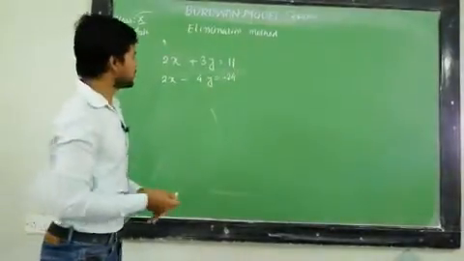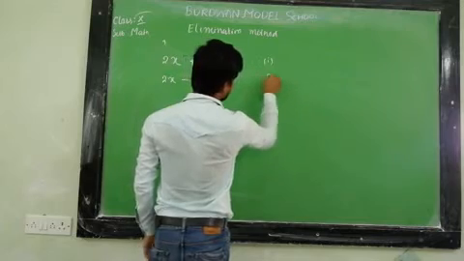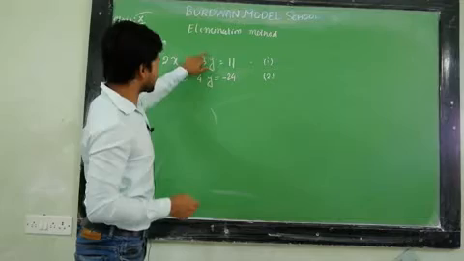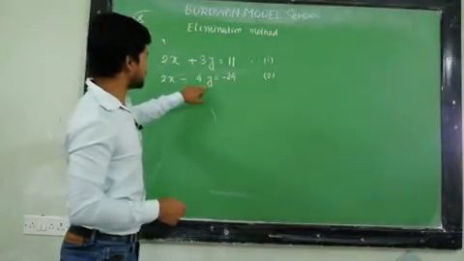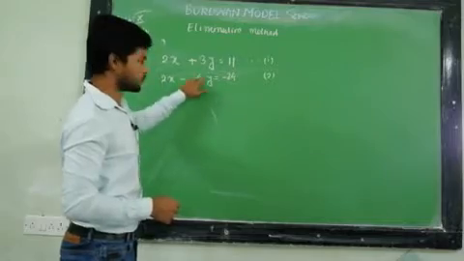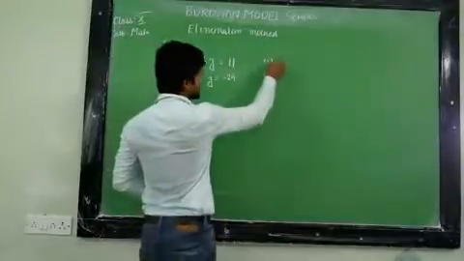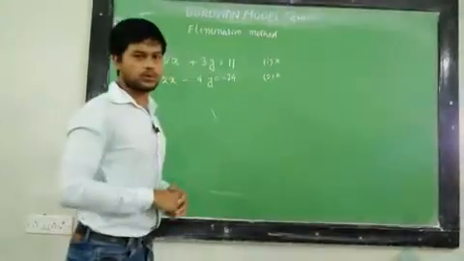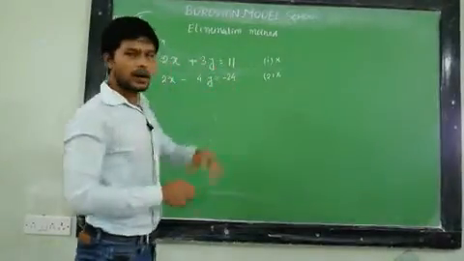This is our equation number 1 and this is our equation number 2. Look at the coefficient of y in the first equation, that is 3, and the coefficient of y in the second equation, that is 4. So here we have to multiply equation 1 and equation 2 by two different numbers such that the coefficients of y are the same.